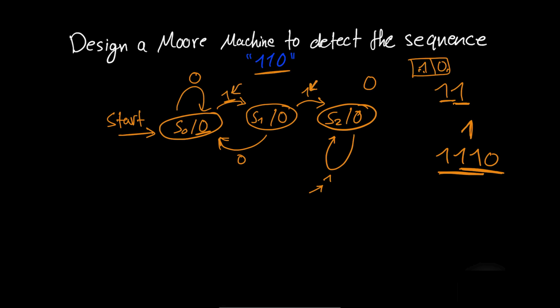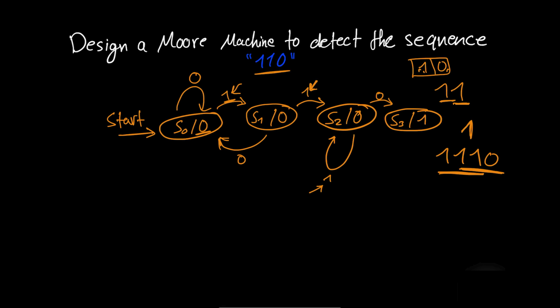Now if you finally press 0, you will go to the final state, the final boss, state 3. And let me write a 0 right here and get this out of the way. So you'll be in state 3, and here the sequence will be completed, and we will have the output 1.